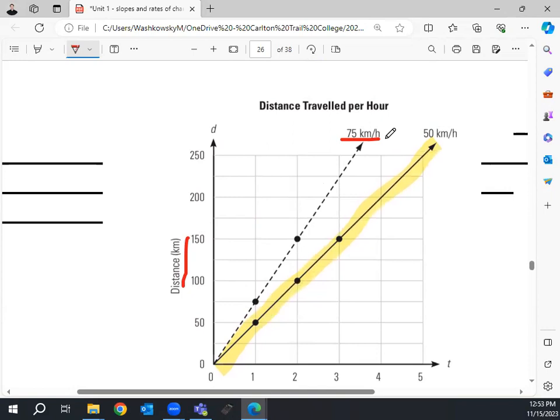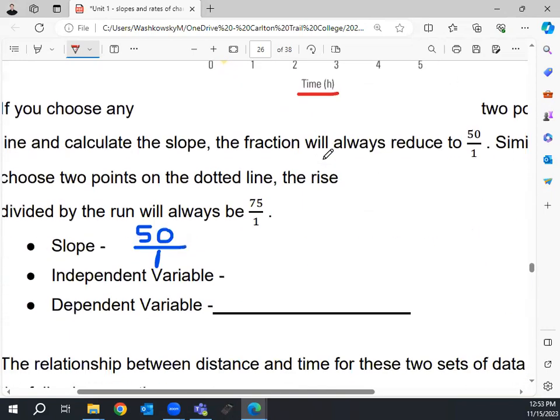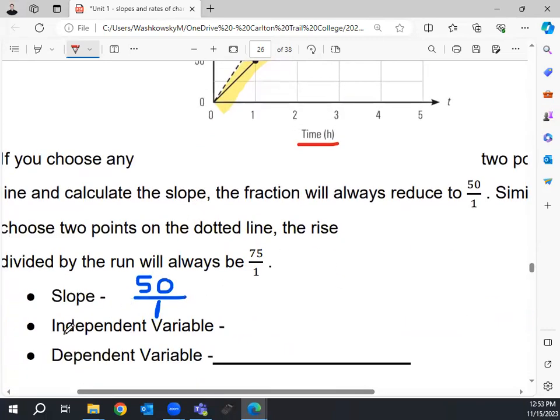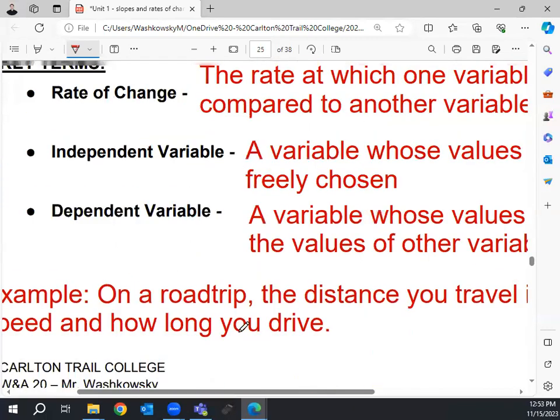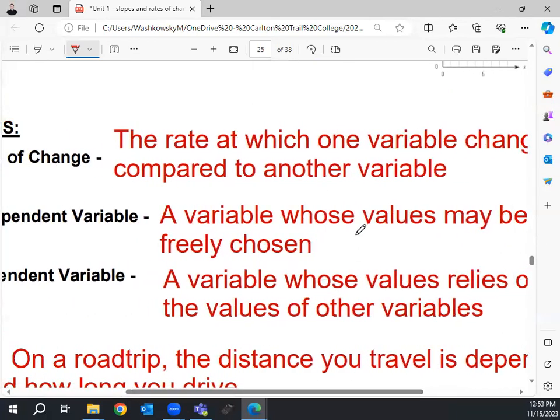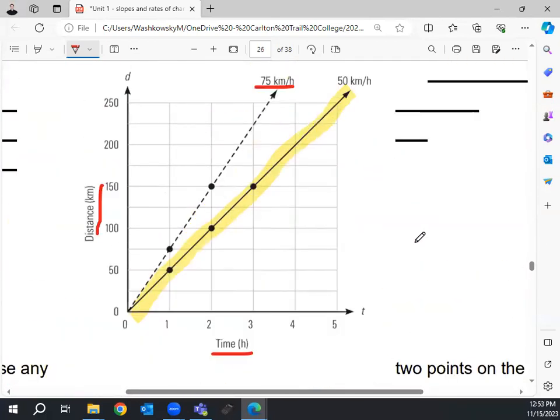My speed is determined by how far I travel over a certain time. So in this case, these are my two variables. One of these is dependent and one of these is independent. I want to go over the independent one first. And if you remember, an independent variable is a variable whose value may be chosen freely.